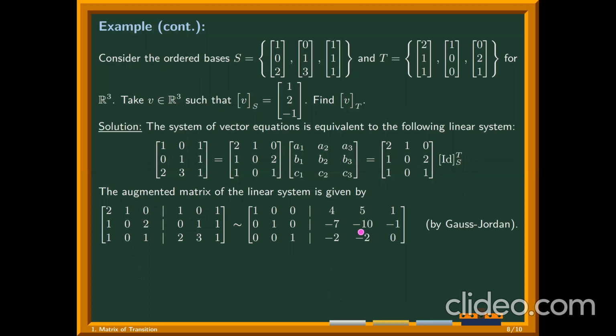I will leave as an exercise to check that this is row equivalent to this matrix in reduced row echelon form. Anyway, the details are all in the module. This tells us that the transition matrix from S to T is equal to this matrix.